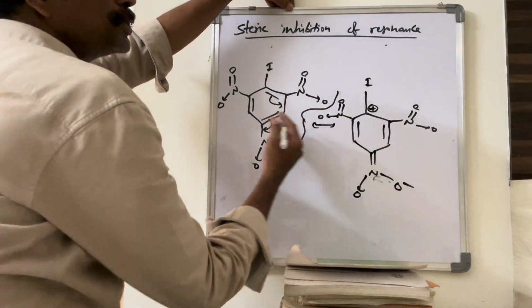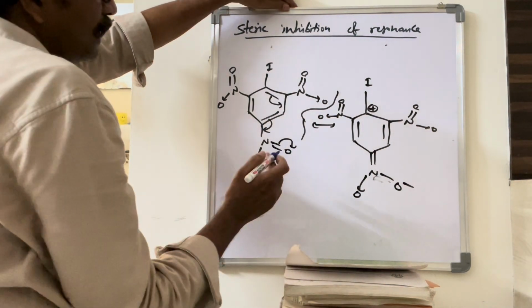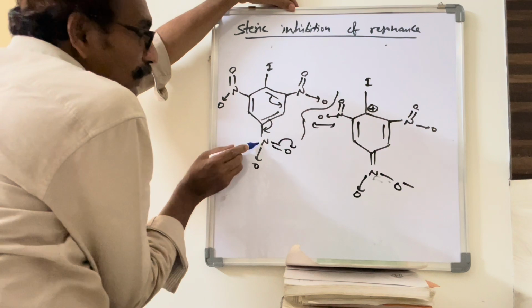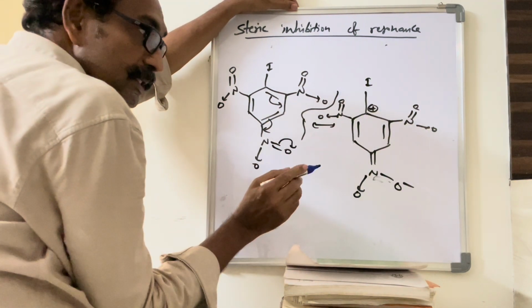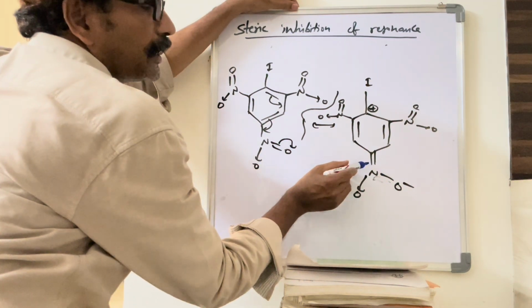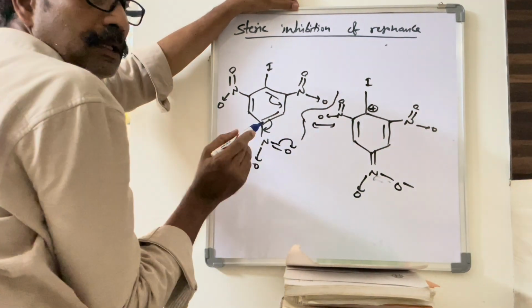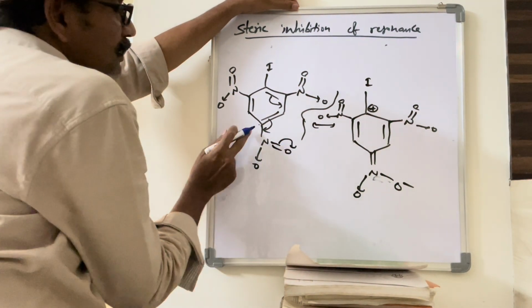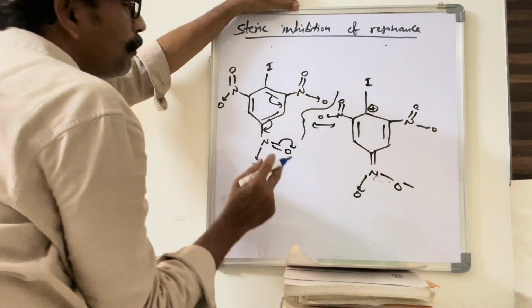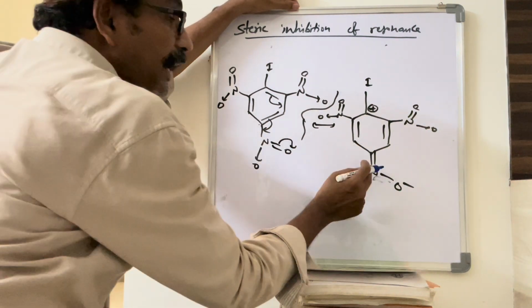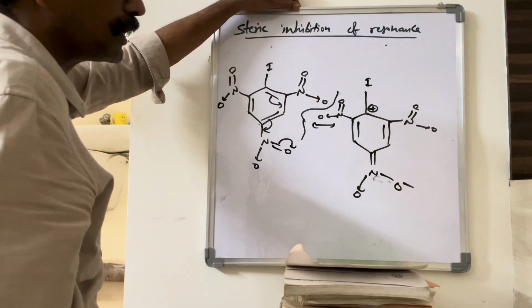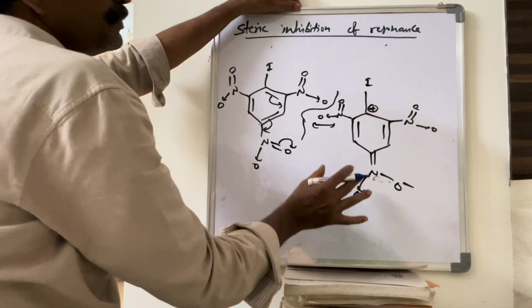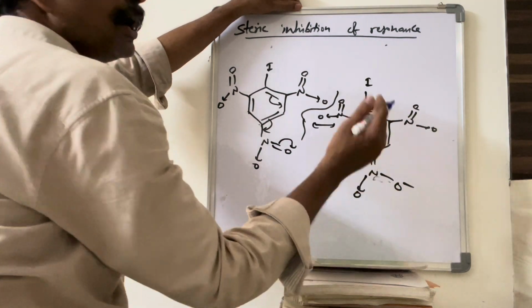If you observe these two structures, the C-N bond of the para-NO2 group has partial double bond character due to resonance between the benzene ring and the para-NO2 group.